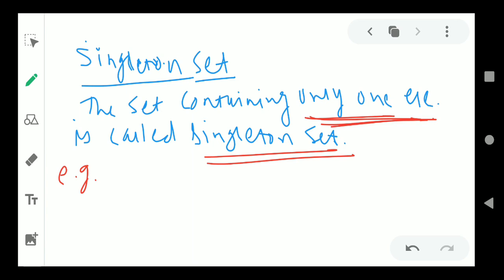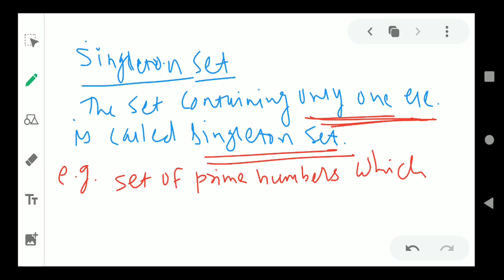For example, let's say the set of prime numbers which are even. Prime numbers, but that number should be even. We know the number 2 is the only number which is prime and even.